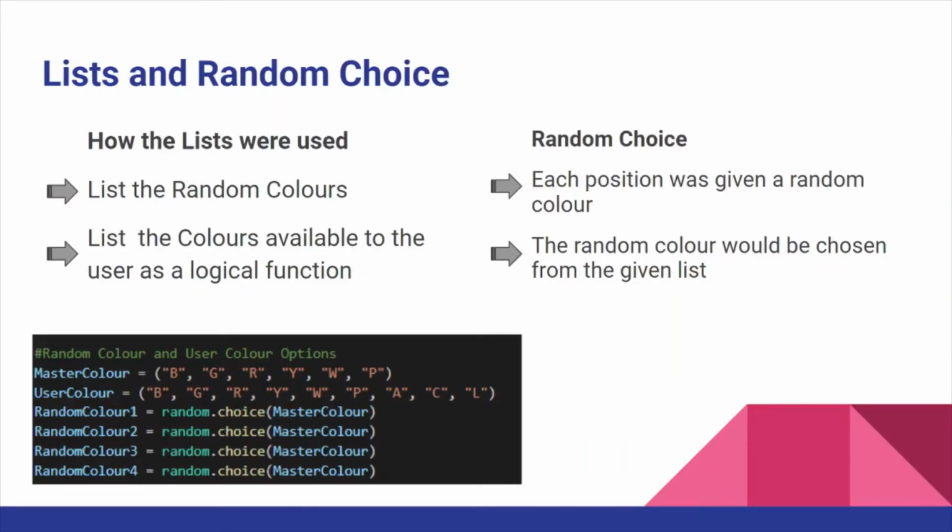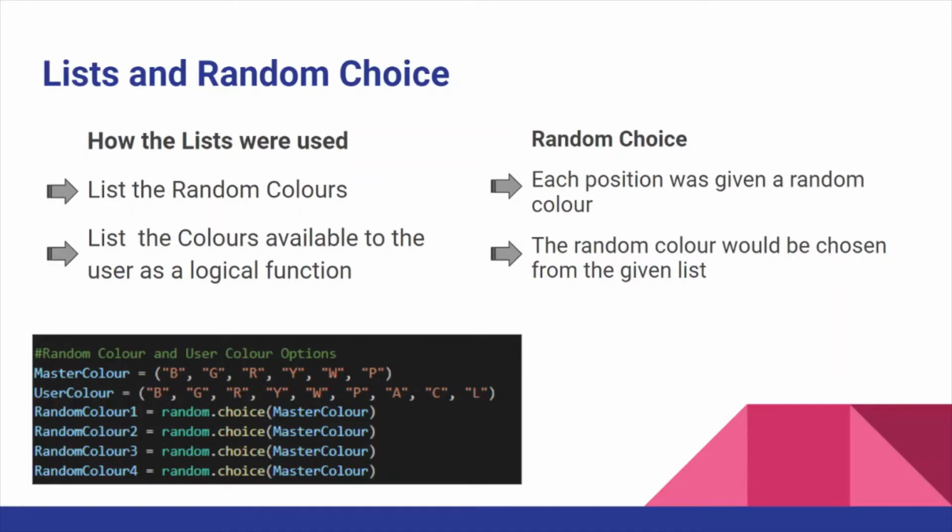Moving on to list and random choice, how the list was used was that I created a list for random colors as well as the colors that the user is allowed to use. So as you can see here, master color is the list for the random colors that will be produced, and user color is the list used for the user to input.